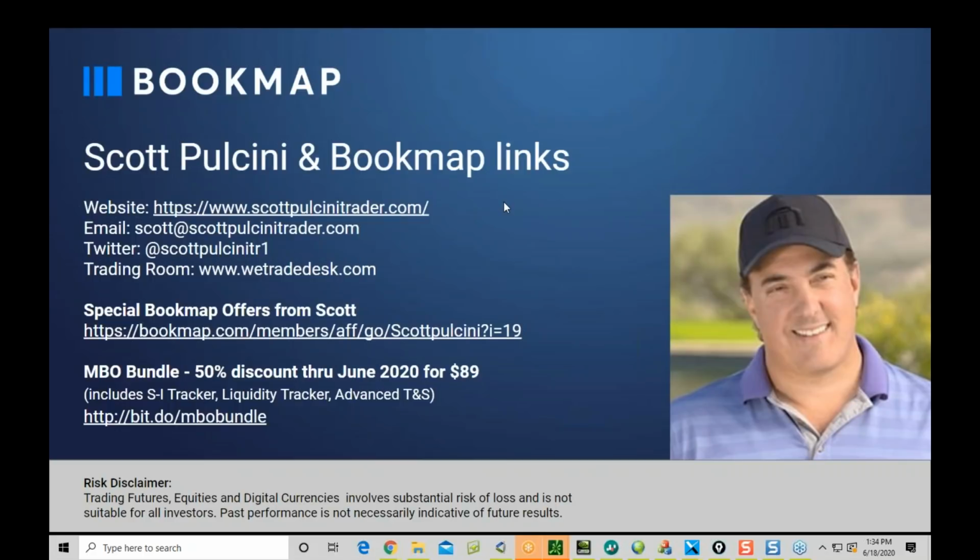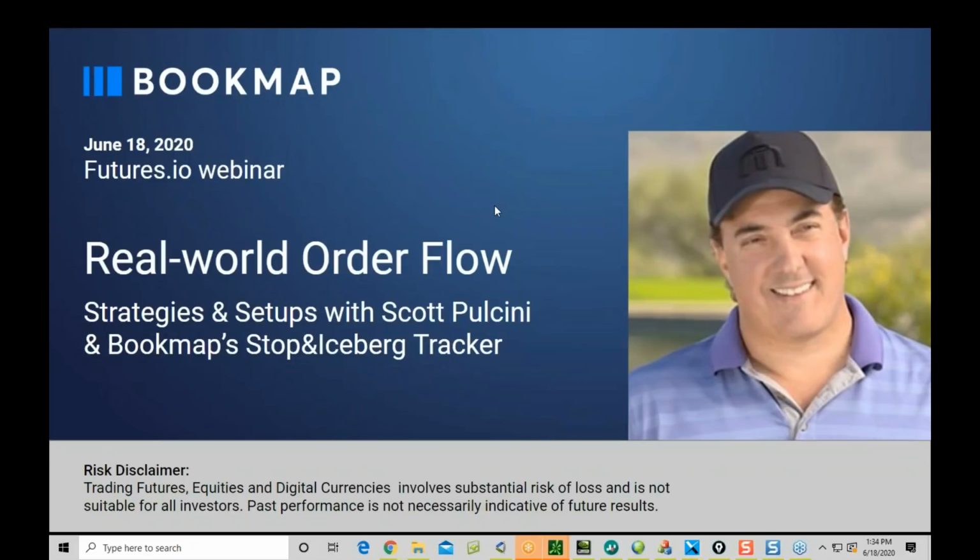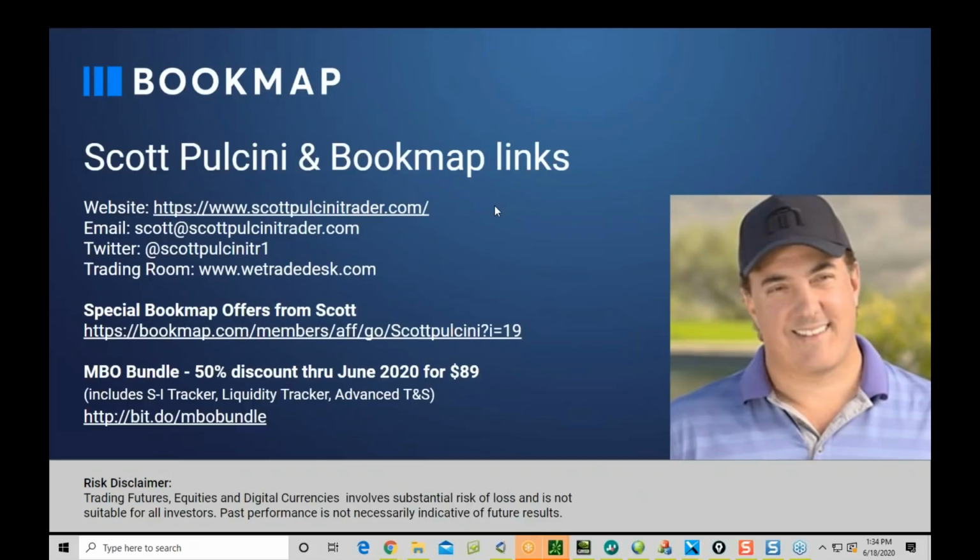Okay, so let's cover this with Scott, and I'm really happy to have Scott using Bookmap. It's fantastic. Scott's been trading for over 20 years, and during the years 2002 to 2005, he was responsible for trading about 10% of the S&P E-mini futures volume.